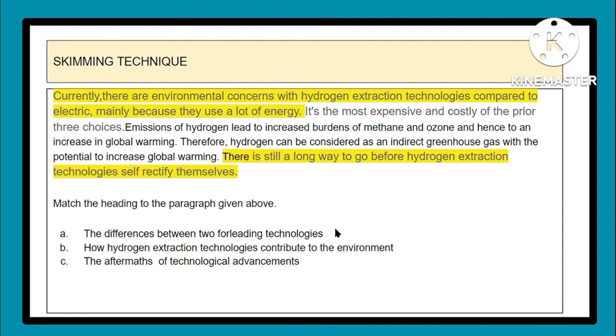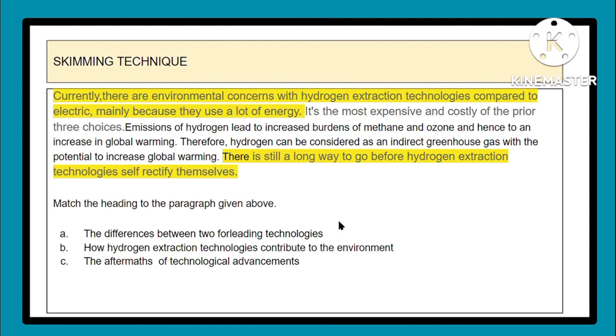resonate the most. So for example, question A, the differences between two leading technologies. I feel like if this is the heading for this passage, it will be talking about the differences between the leading technologies. So I'm going to highlight just that and move on to the next one.